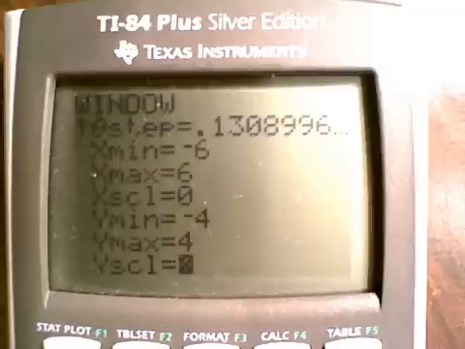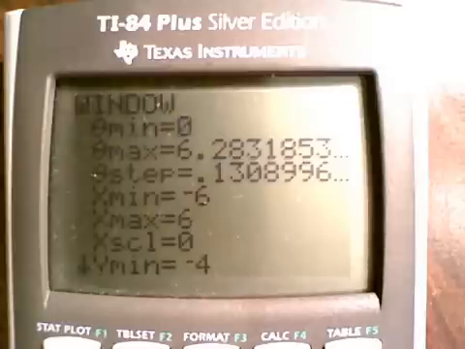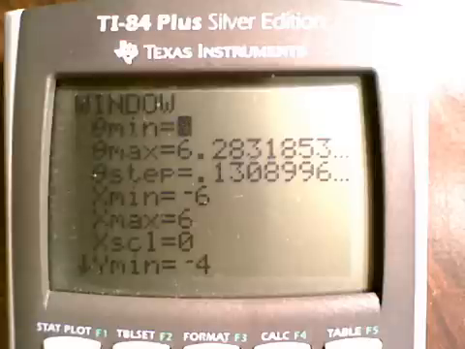Okay? So just run through that one more time. X's go from negative 6 to 6, y's go from negative 4 to 4, and theta min 0, theta max 2 pi. Theta step is pi divided by 24. Okay, go ahead and hit graph.